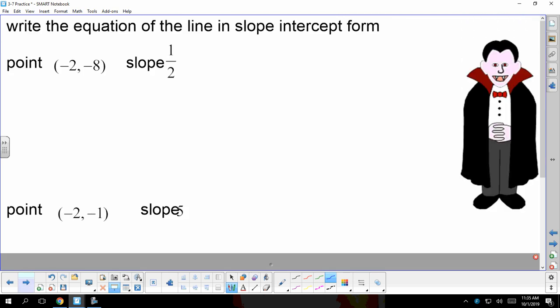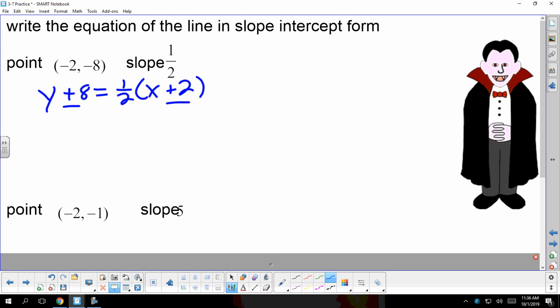Write the equation of the line in slope intercept form for these. So let's see. Let's start with point slope form. Y minus a negative 8 is y plus 8. 1/2 x minus a negative 2 is x plus 2. Notice in here and here, it's just the opposite of whatever the point we have.